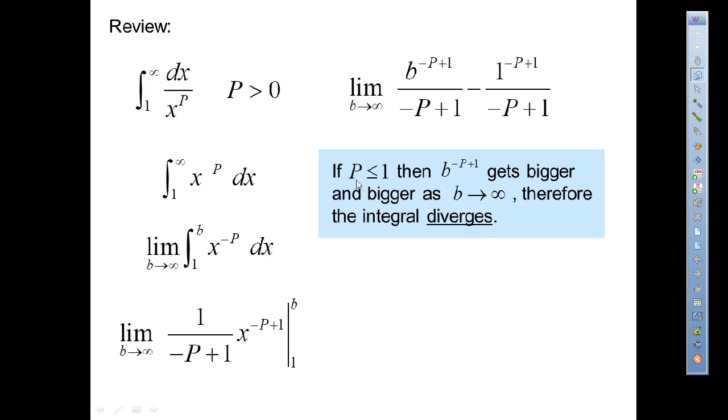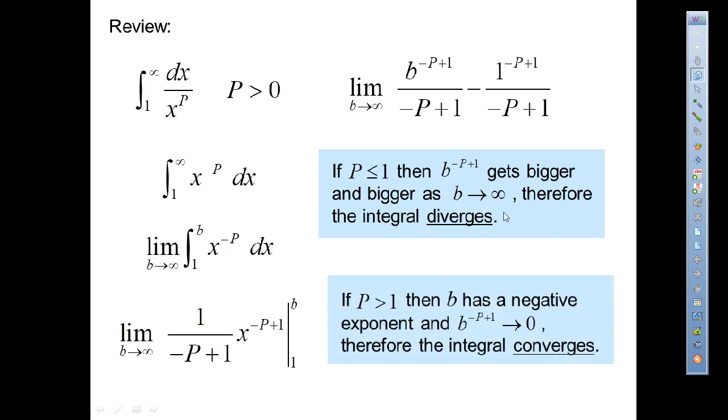But for p values that are less than or equal to 1, the integral is going to diverge. Now, what is an integral anyway? Well, an integral is just adding up a bunch of things. So we're actually not looking at just the terms anymore and what the terms do, but we're looking for what the sum of all these terms does.